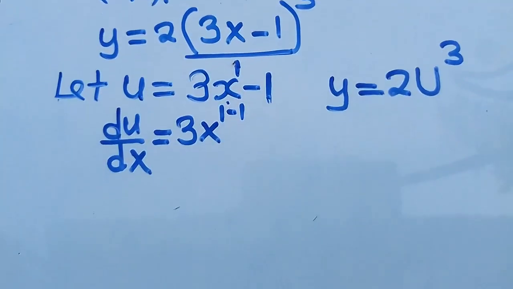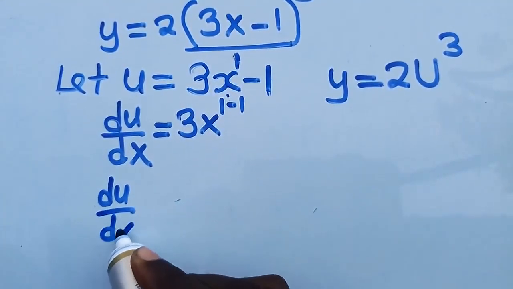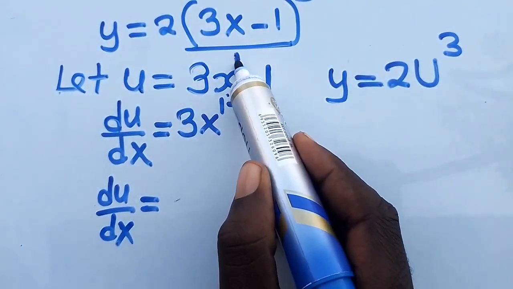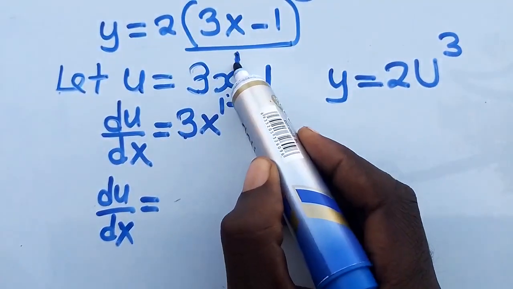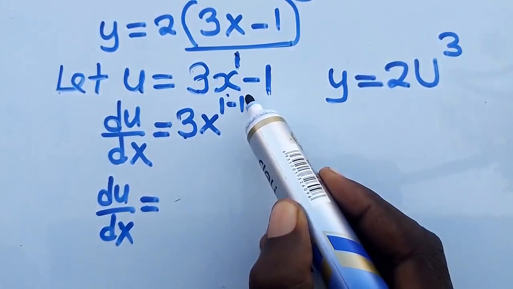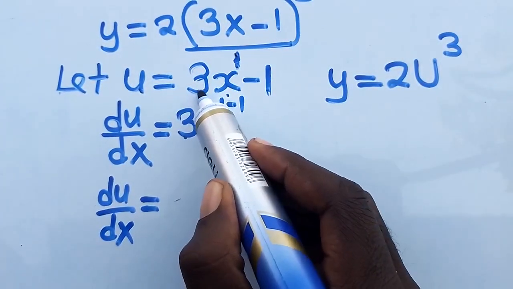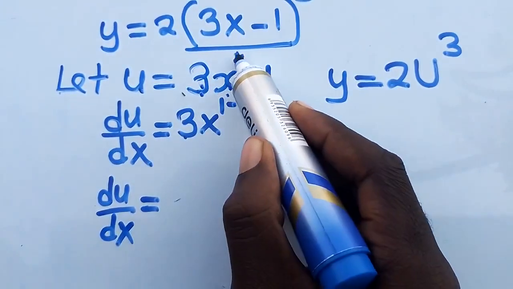So what's your answer there? du over dx is equal to. What I've done is that I've multiplied 1 times 3, 3. x comes. Then the power, remove 1. So just understand this: power times coefficient. This is 3. The 3 is called the coefficient. 1 times 3 is 3. x, then 1 minus 1 here.